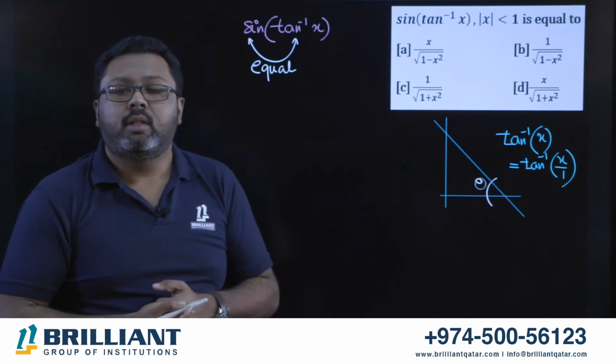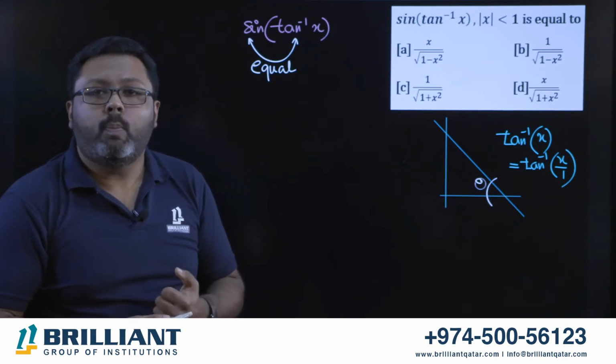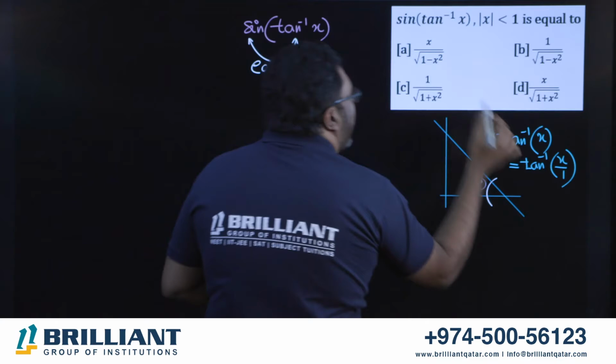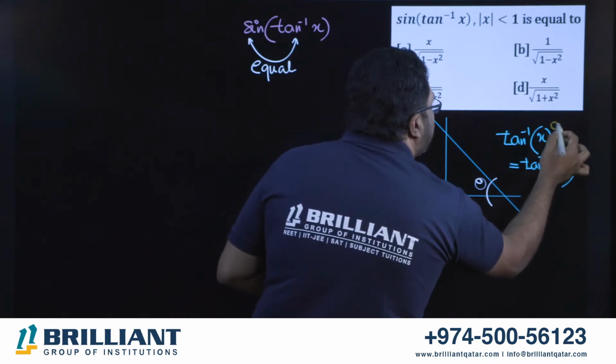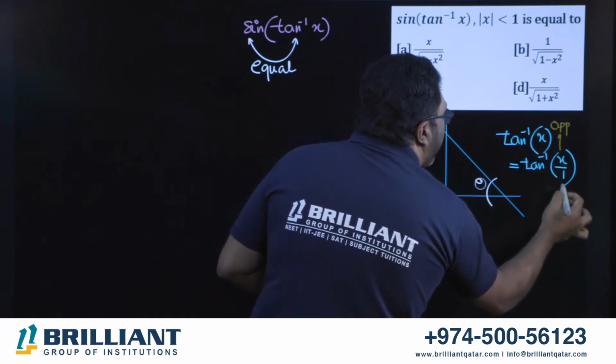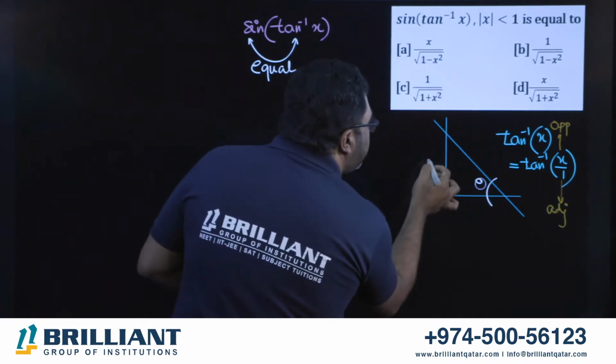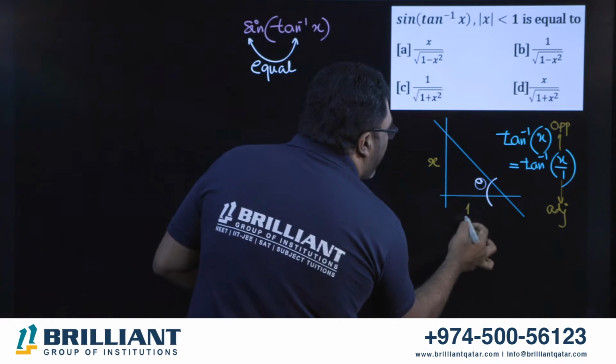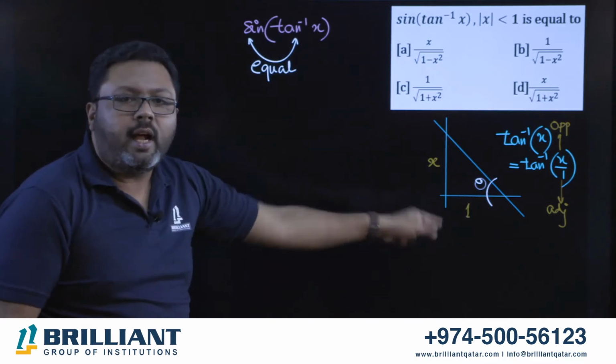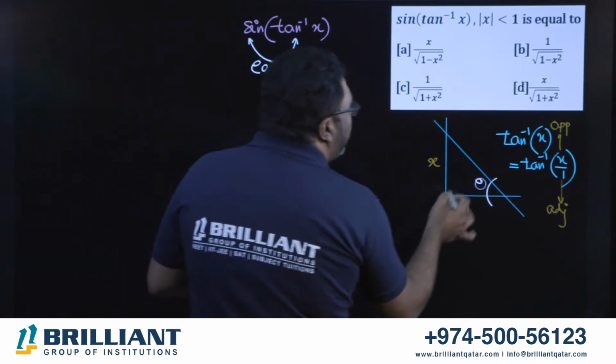Standard concept: tan theta is opposite by adjacent. So opposite is x, adjacent is 1. What is going to be the hypotenuse?